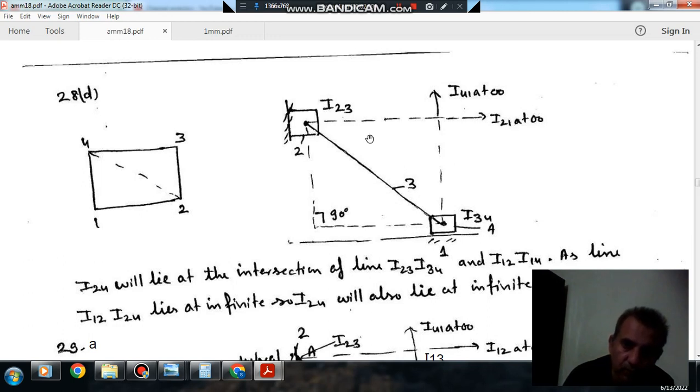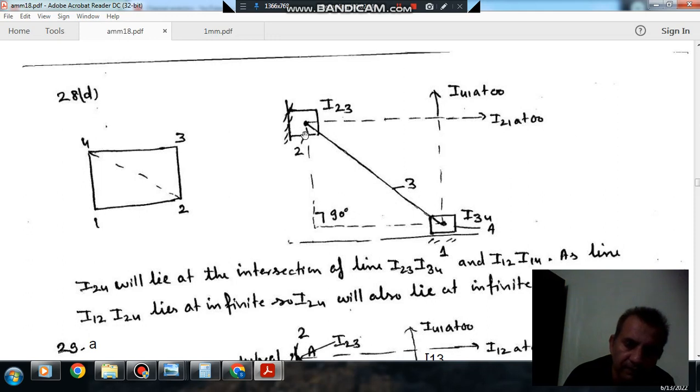So I12, that is the I center of 1 and 2, will lie at infinity. An I center is a point about which a link rotates when one of the links is fixed. So if now 1 is fixed and 2 is sliding, it will rotate about infinity. So I12 is at infinity. Similarly, 1 is fixed and 4 is sliding, so I41 is at infinity.